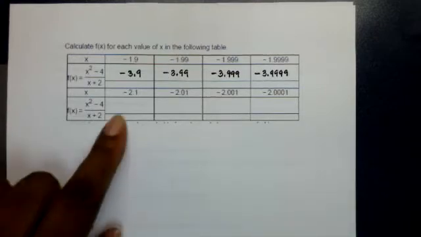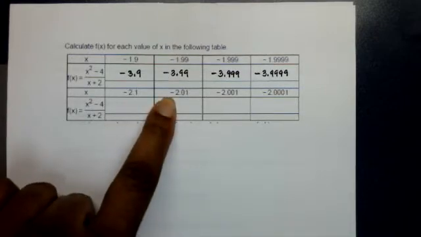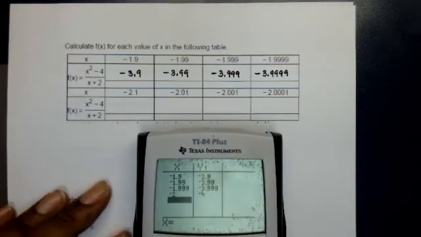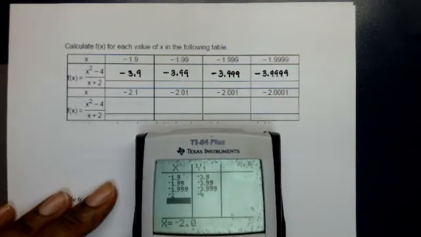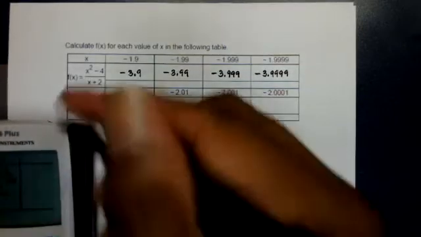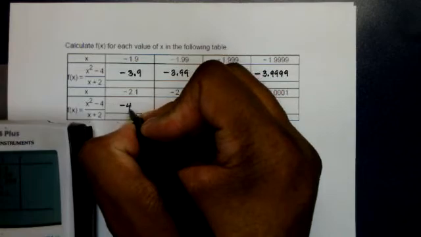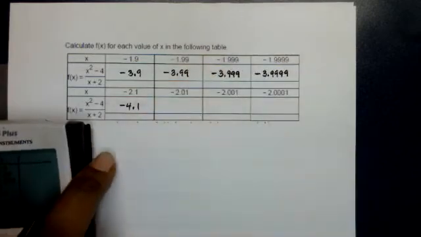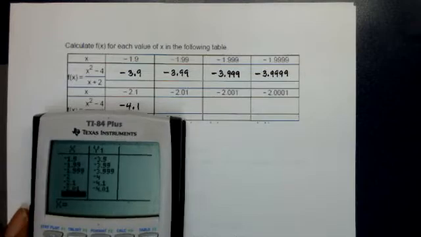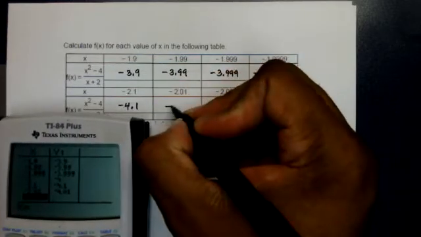Next would be for negative 2.1, negative 2.01, and so on. So let's try negative 2.1, and see what's happening there. It'll be negative 4.1. And then negative 2.01, that'd be negative 4.01.